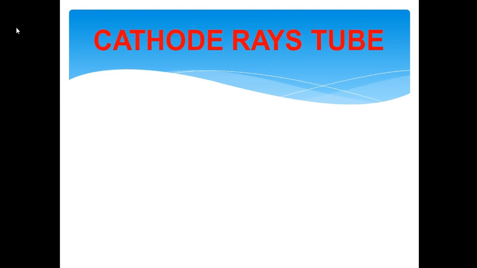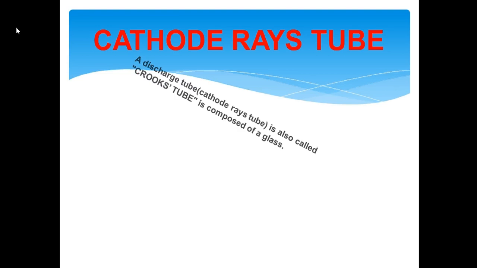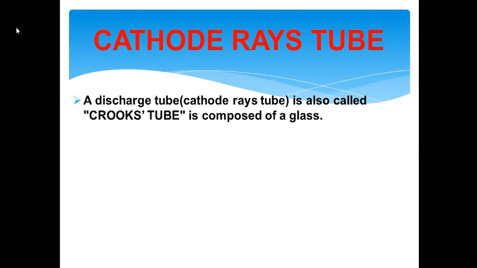The second part of our today's lecture is cathode rays tube. Cathode rays tube or a discharge tube is also called Crookes tube, which is composed of a glass.